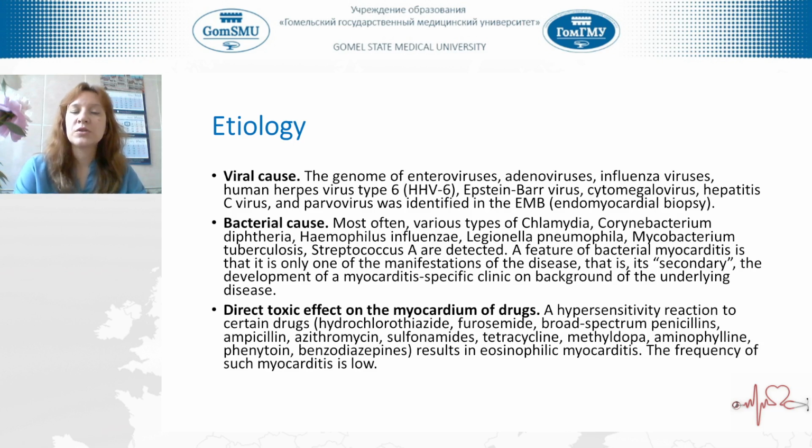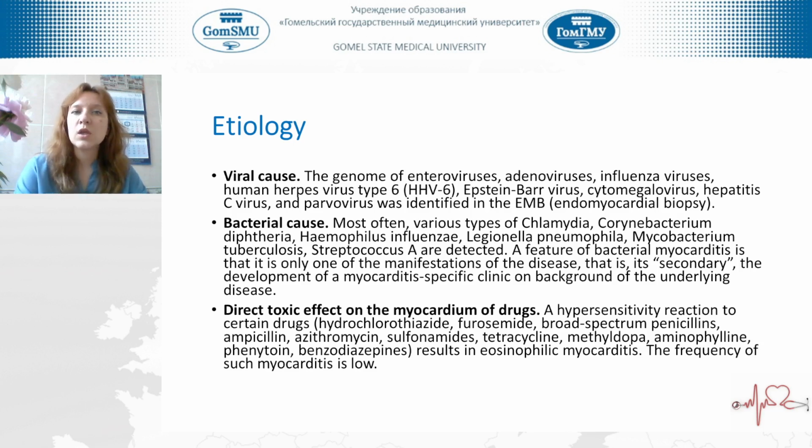We're talking about etiology, viral causes. The genomes of enteroviruses, adenovirus, influenza viruses, human herpes virus type 6, Epstein-Barr virus, cytomegalovirus, hepatitis C virus, parvovirus can be defined in the endomyocardial biopsy. Bacterial causes.